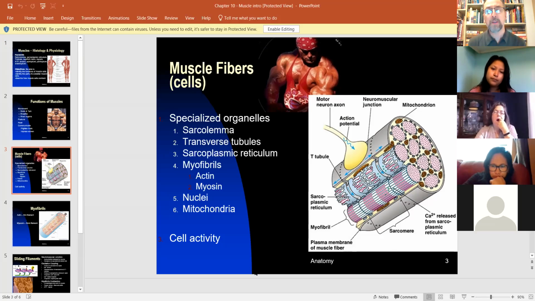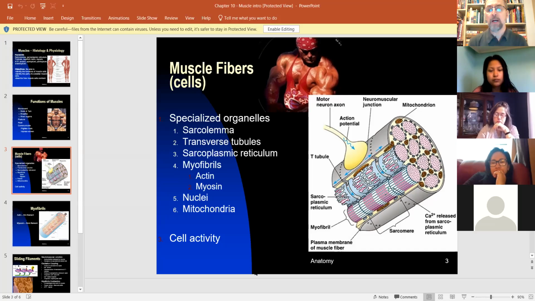So they're filled with these myofibrils, which are bundles of proteins regularly arranged. Okay, and so that's kind of the main feature of these cells, is these bundles of proteins. And then they have other stuff that are needed to get the proteins what they want. So they have a modified endoplasmic reticulum to store calcium.